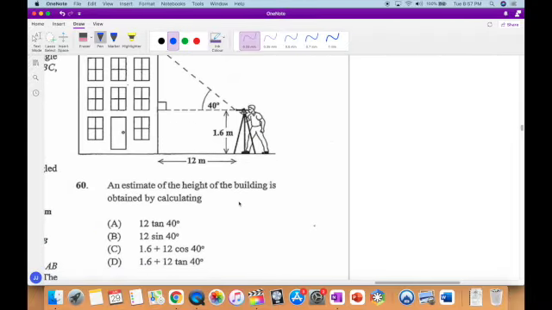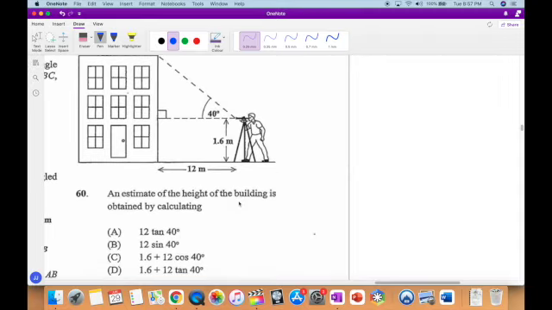And number 60, we have an elevations question. An estimate of the height of the building is obtained by calculating what angle. So for the height of the building, we'll need to add this height here, which is 1.6 meters, plus this height here. So it's going to be 1.6 plus some other height.